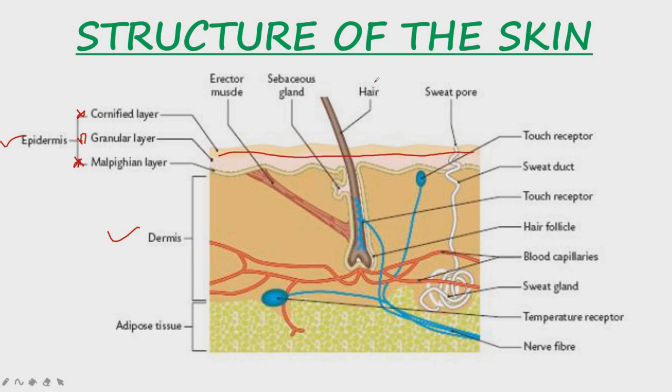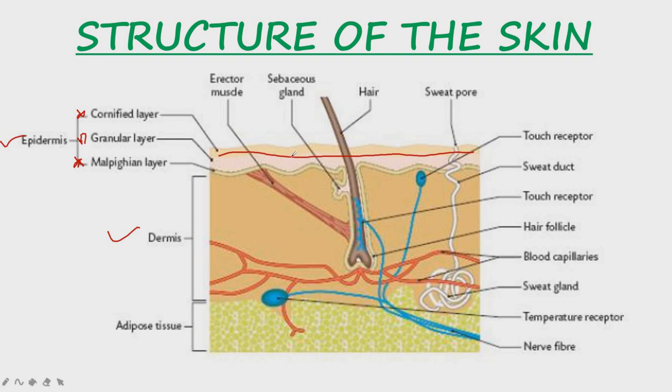It is the outermost layer of the skin that is made up of dead and flat cells. These cells are made up of large deposits of keratin. The presence of keratin in these cells makes them tough and flexible, and also gives a waterproof-like structure.